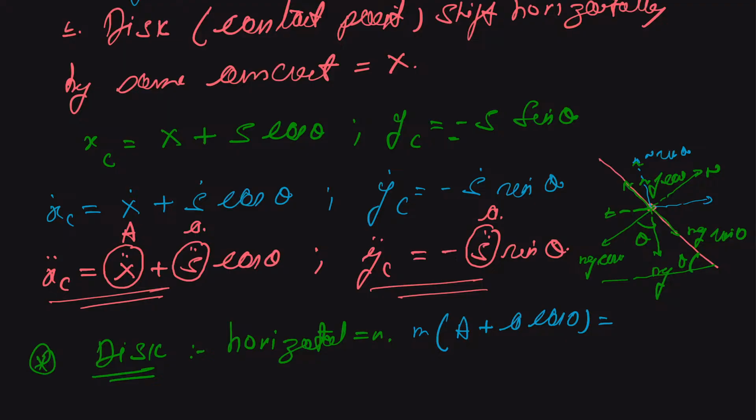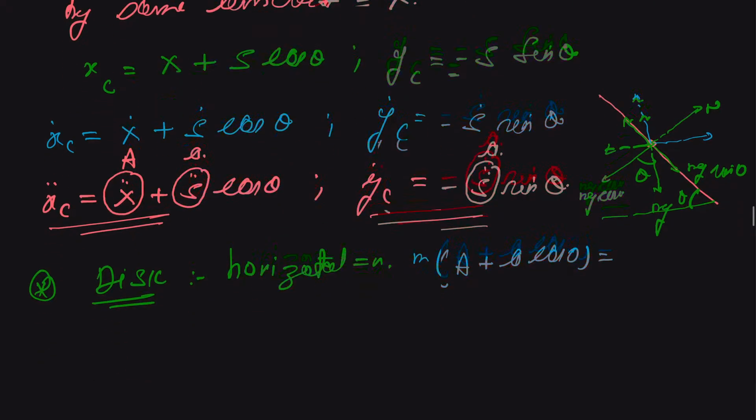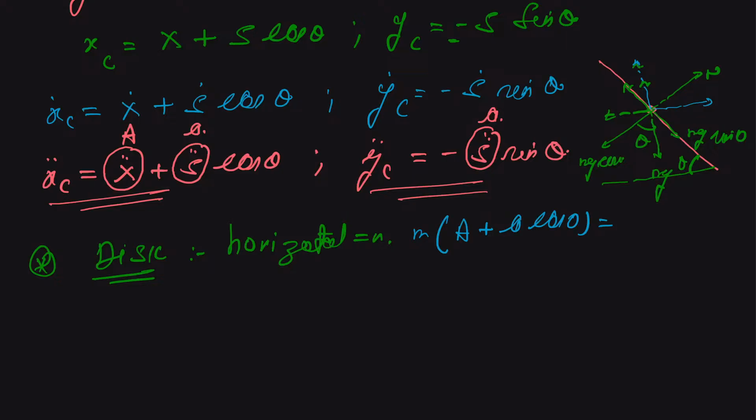Sorry, this is vertical. Therefore we can write that mass into acceleration will be equal to F cos of theta plus N sine of theta. So this is for our horizontal components.